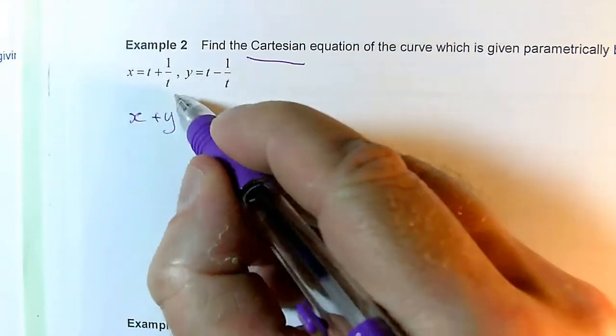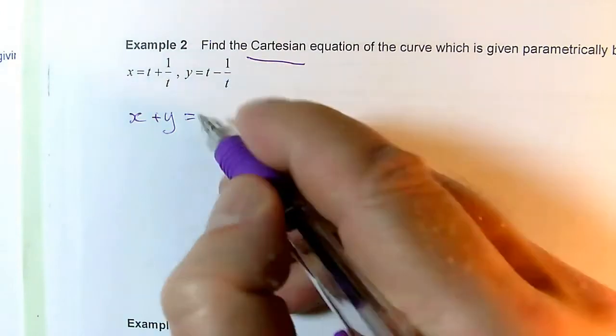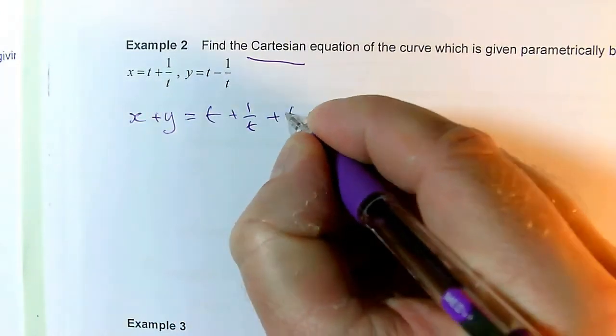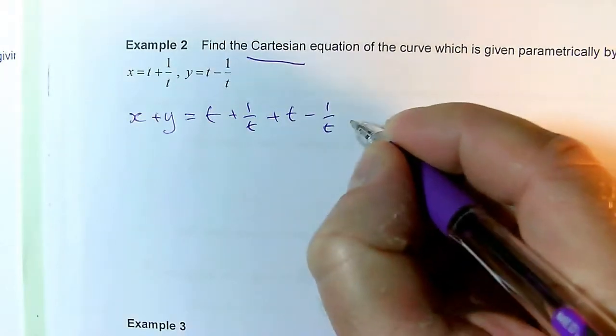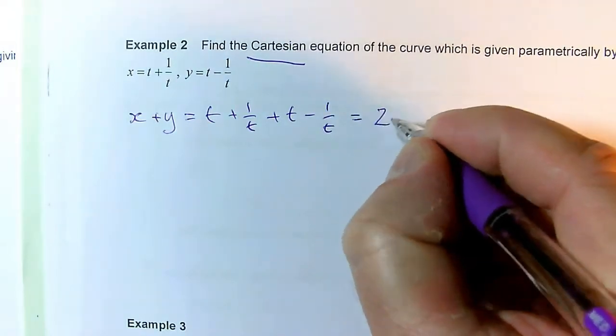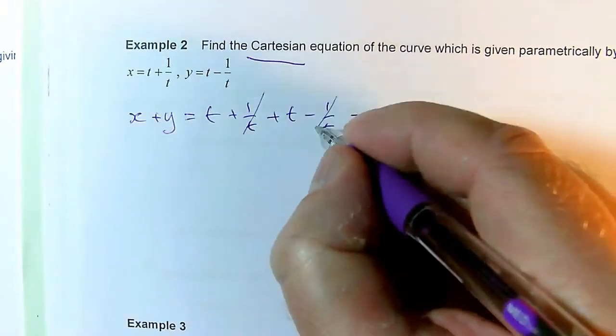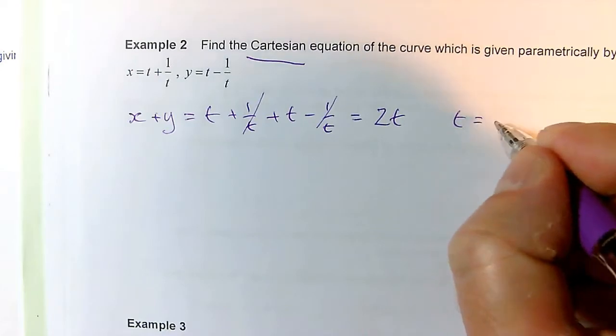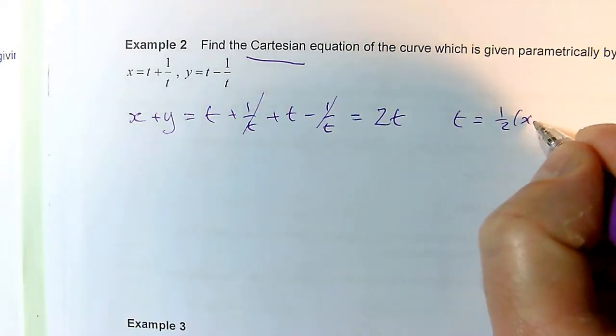But if I add this expression for x to this expression for y, I'm going to get t plus 1 over t plus t minus 1 over t, and that just equals 2t, because this cancels with this. So I now know what 2t is, so therefore t equals a half brackets x plus y.